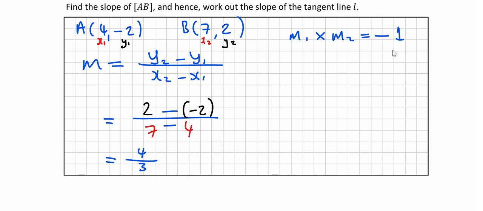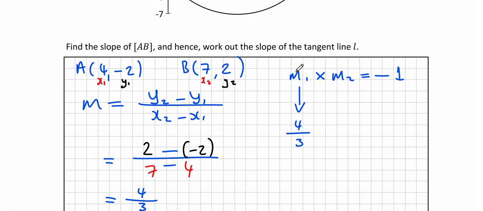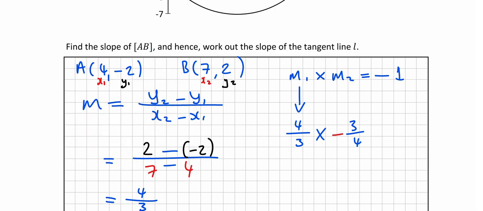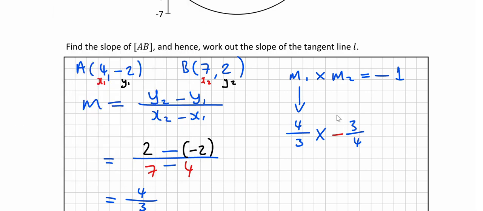If we know the slope of one of them, which in this case is 4 over 3, to find the slope of the other one, all you do is you flip it upside down and you change its sign. That's all you do to find the slope of the other line. So M2 there, slope is minus 3 over 4.